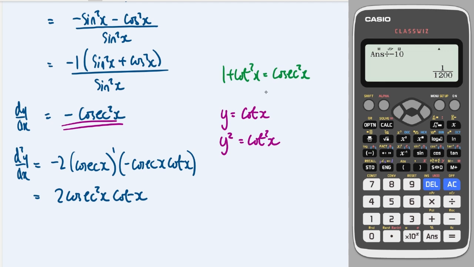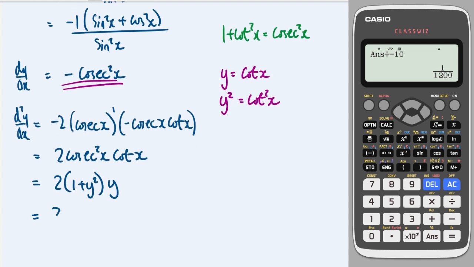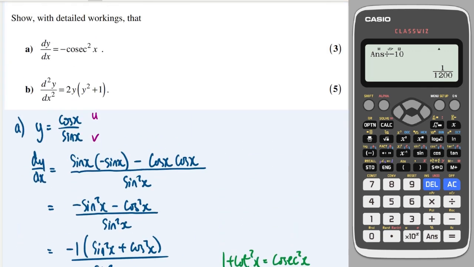So therefore cosec squared is equal to 1 + y squared. So we get two lots of 1 + y squared, and cot is just y. And I think they wanted it written as 2y(1 + y squared), like that, if I'm not mistaken. Yeah, perfect.